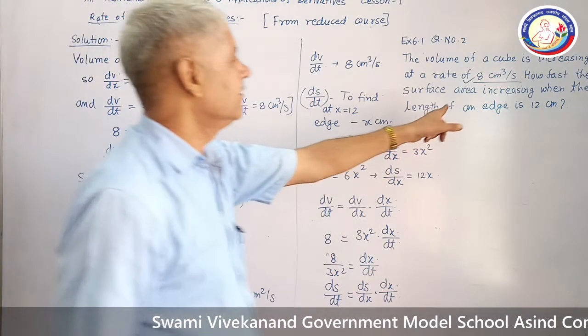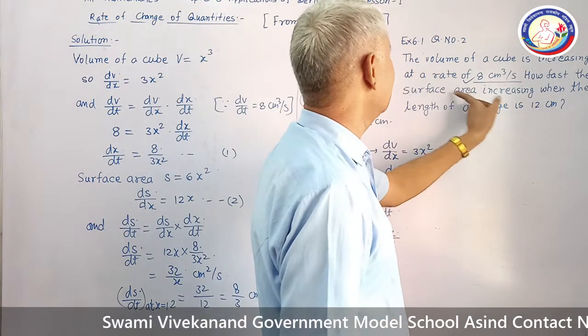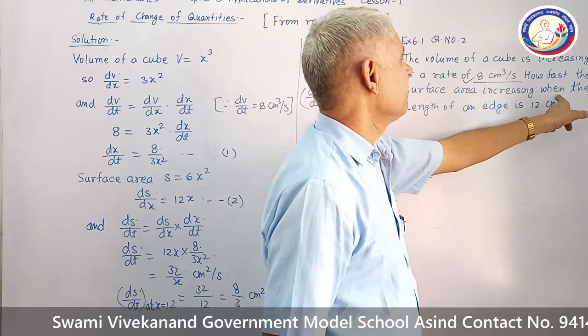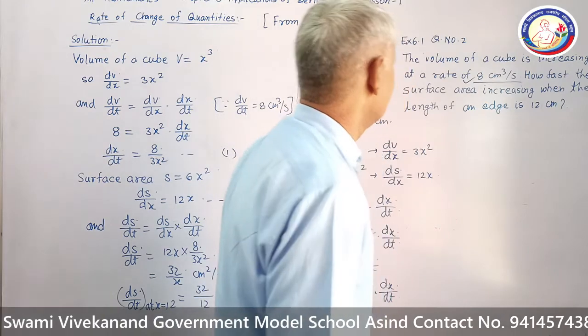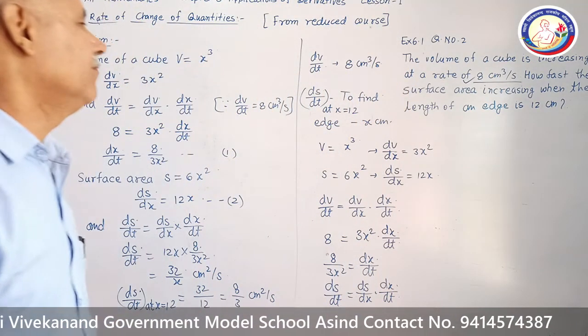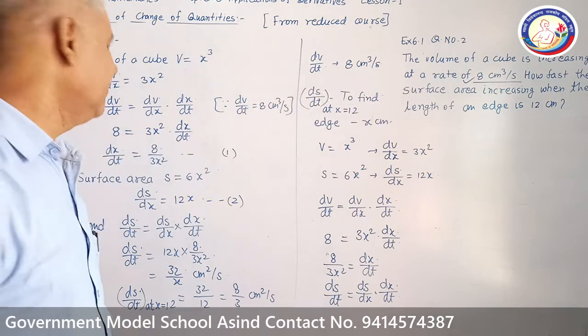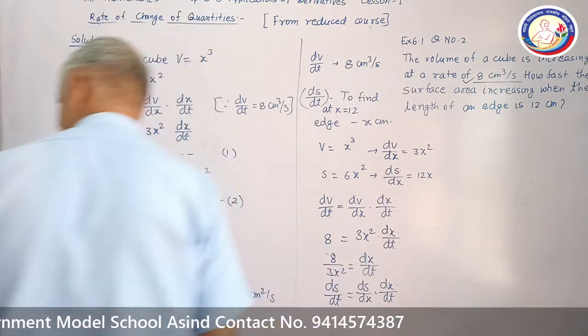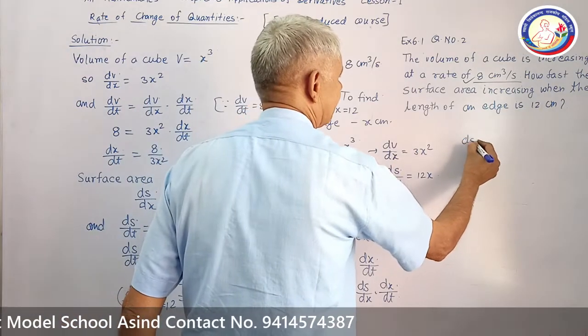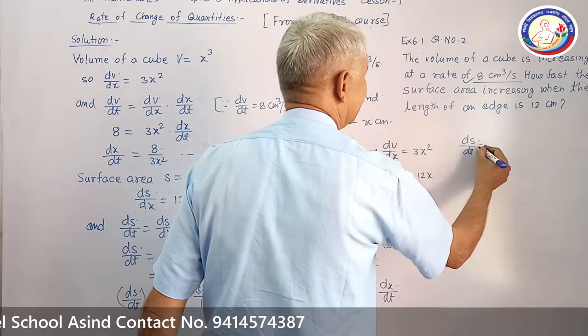We have to find the change in surface area, rate of change of surface area with respect to time. So we have to find ds by dt. What is ds by dt?